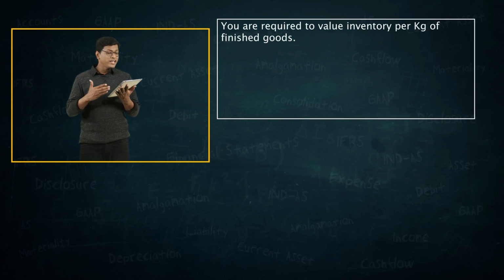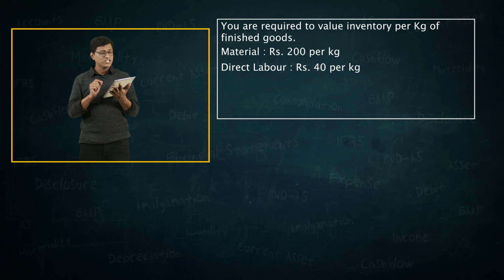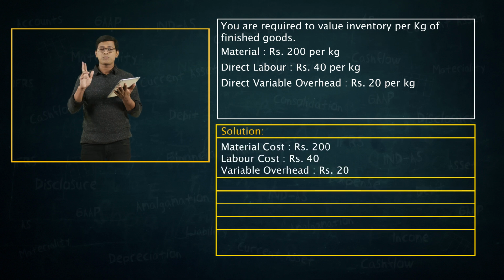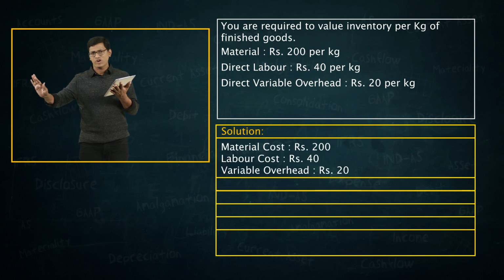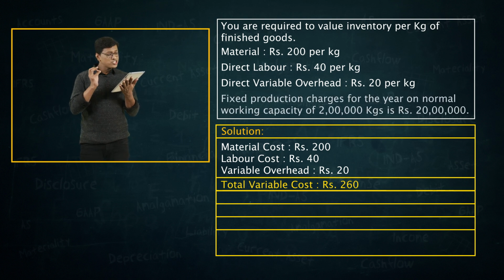You are required to value the inventory per kg of finished goods consisting of material cost 200 rupees per kg, direct labor 40 rupees per kg, direct variable overhead 20 rupees per kg. So 200 plus 40 plus 20, 260 per kg is straightforward. Now come to the tricky portion. Fixed production charges for the year on normal working capacity of 2 lakh kgs is 20 lakhs.